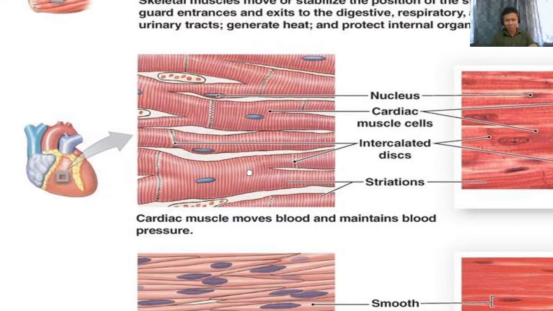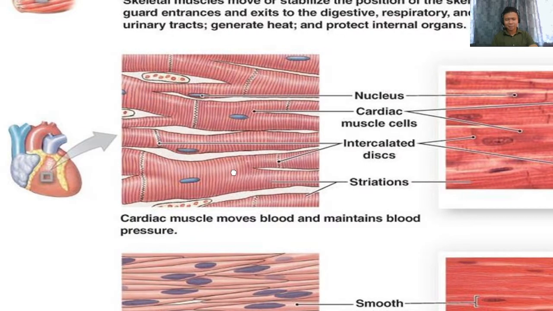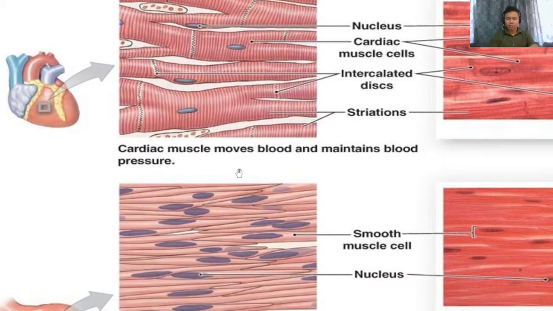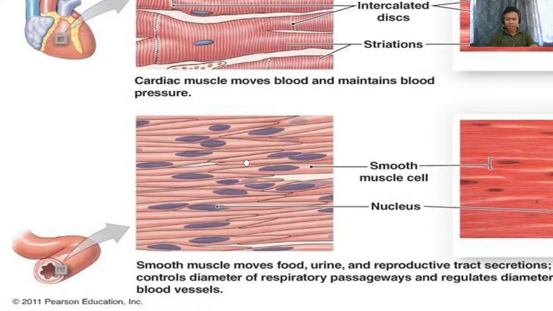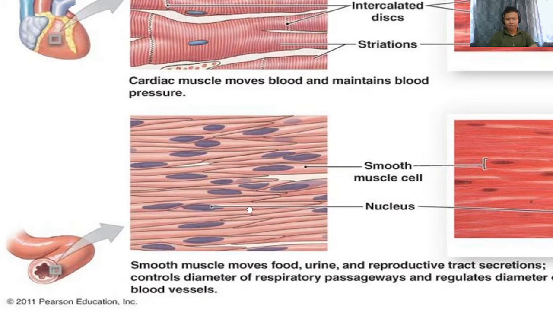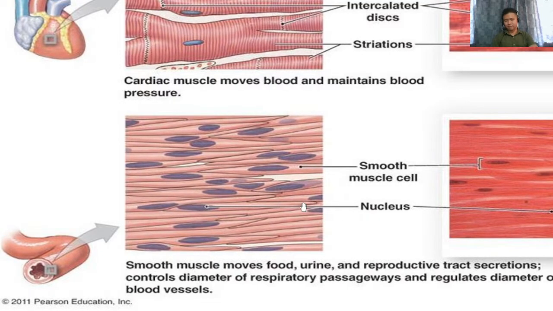Next, we have the cardiac muscles. Usually, they are made up of tough muscle components, designed for pumping blood, circulating it all throughout the body. And lastly, we have the smooth muscle. They are usually found in our excretory system, reproductive system, digestive system, respiratory system, and many more.